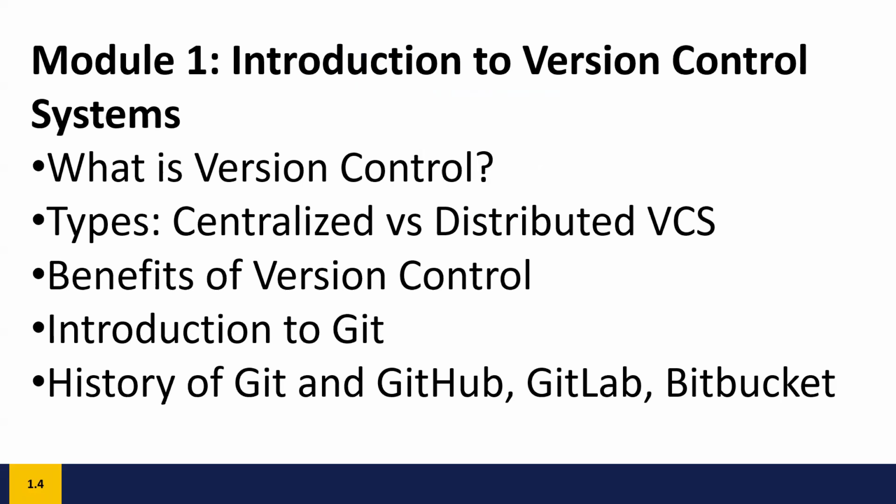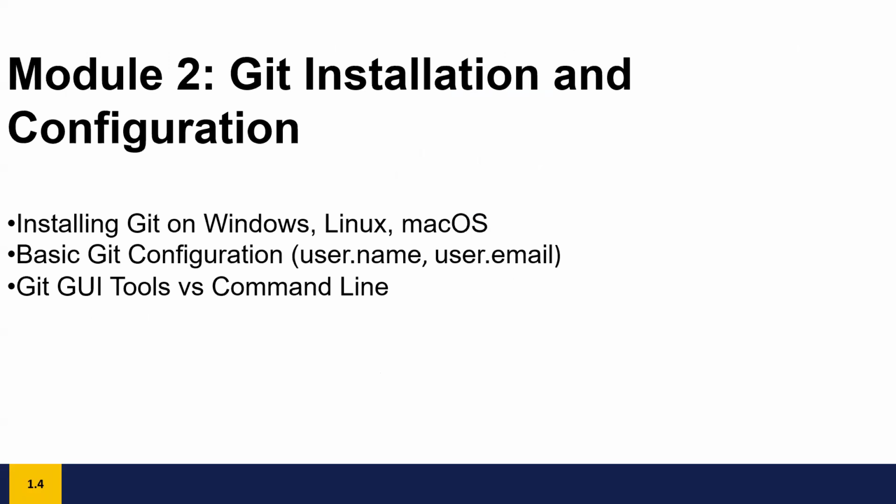Okay, so in this class we will cover module one, introduction to version control system. What is a version control system? Types: centralized and distributed version control systems. Benefits of version control system, introduction to Git, history of Git and GitHub, GitLab and Bitbucket. Then installation and configuration, guys: installing Git on Windows, Linux, Mac OS, basic Git configurations, and Git GUI tools versus command line.